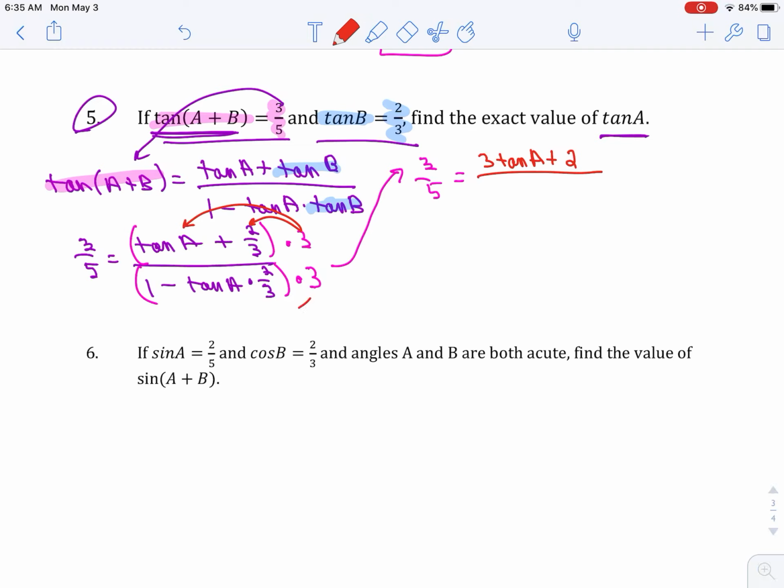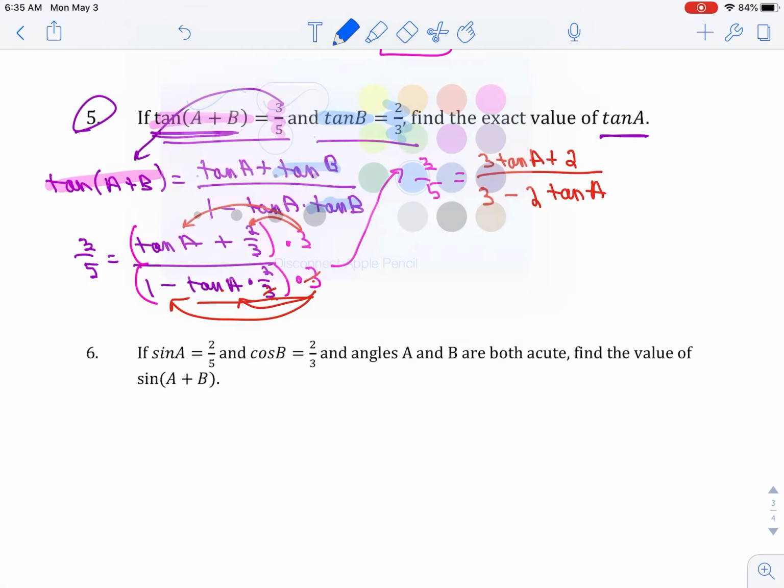And then down here on the bottom, I'm going to get 3 times 1, so that's 3, minus, now again, like we saw earlier, when I take 3 times this term right here, I'm just multiplying these 3 things together, and so I can multiply in any order that I want. And so these 3's would cancel out, and so I'm just going to get minus 2 tan a. So again, just a little algebra here. Okay, so now I still have a proportion, but it's a little bit simplified.